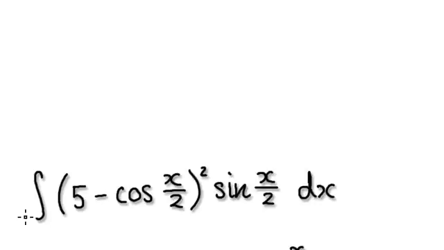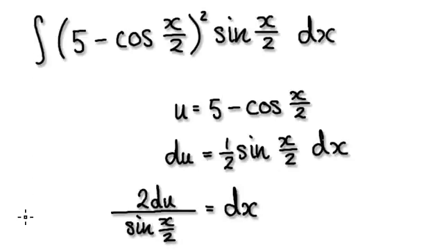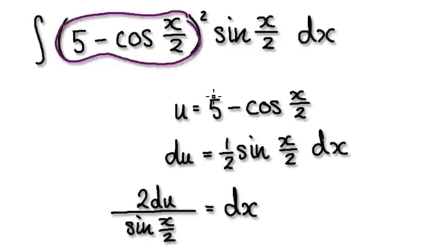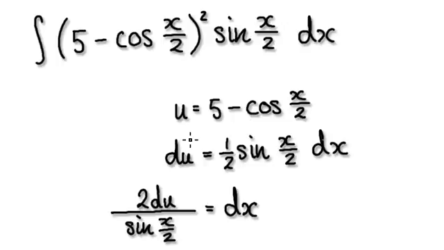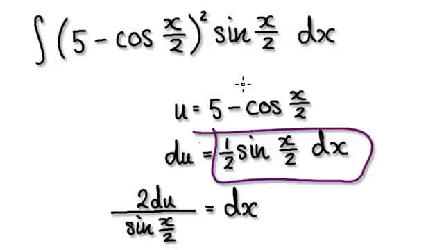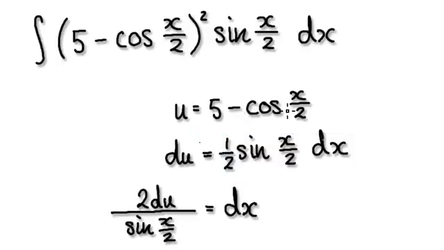Okay, so to do this, let u be this. When you differentiate this, du equals this. Remember when you differentiate this, imagine this as being a half of x here.